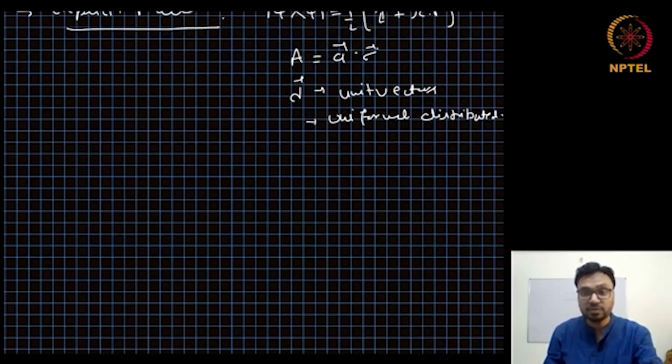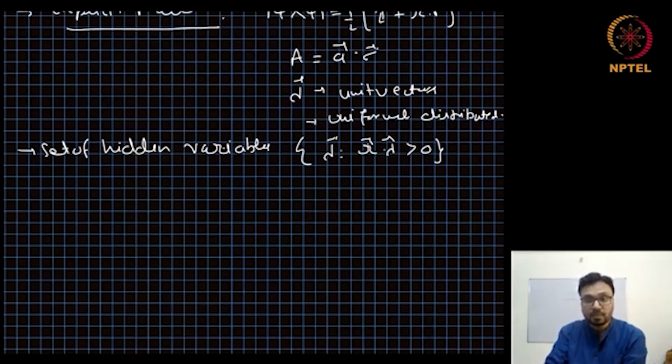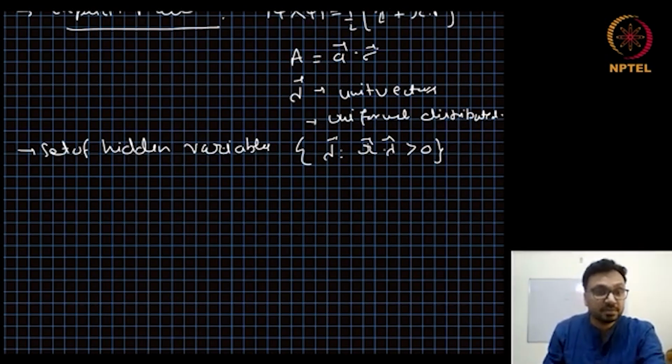over a set, and that set is chosen in such a way that the set of hidden variables is such that for all lambda, r dot lambda is positive. So r is a unit vector, lambda is a unit vector for all the lambdas. Whenever lambda dot r, or r dot lambda, is a positive number, then we will consider those lambdas as our hidden variables.